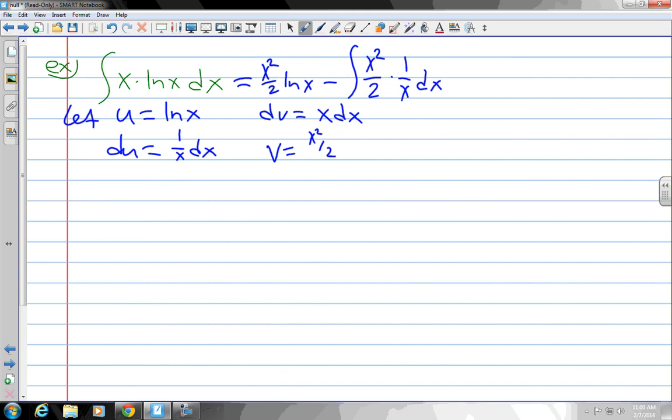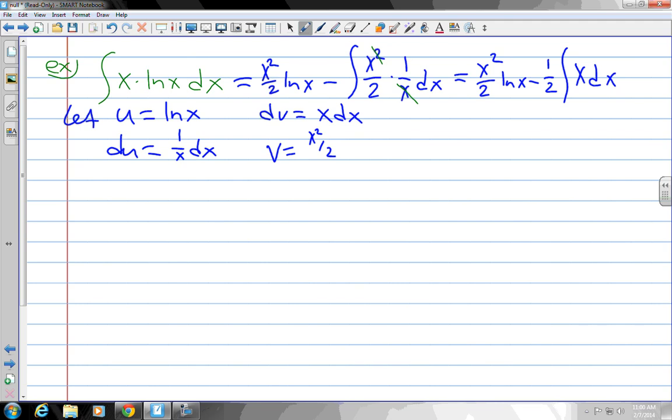Is that okay? So many good things happen. One of the x's cancels. I can pull 1/2 out. This becomes x squared over 2 natural log of x minus 1/2 the integral of what's left, just x. Well, that's an integral I can deal with, right?